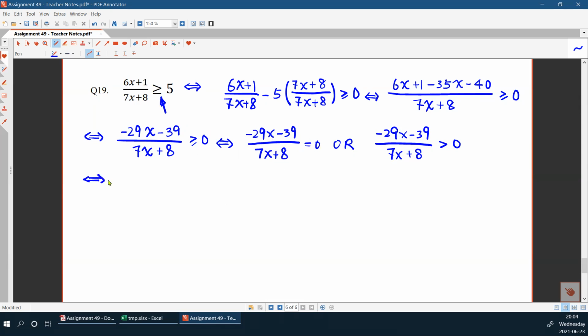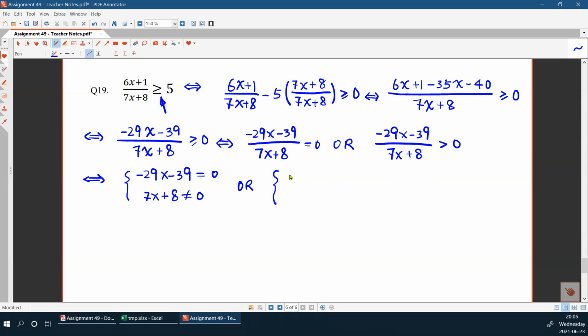This is equivalent to, for the equation, a ratio between two numbers is 0. That means the numerator is 0, and at the same time, the denominator cannot be 0. Okay, this is the solution of the equation. Or when you have a ratio between two numbers that is positive, this is actually the same as our previous two questions, right?